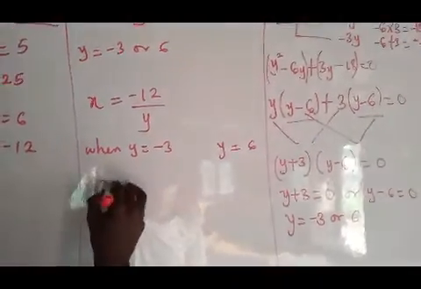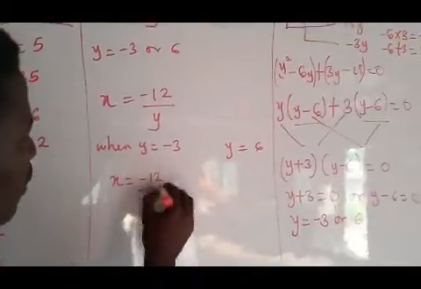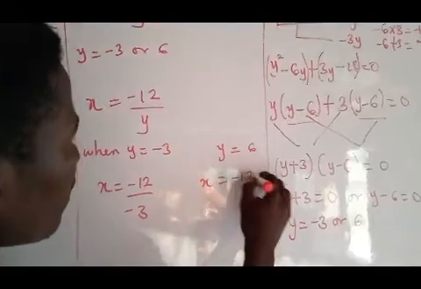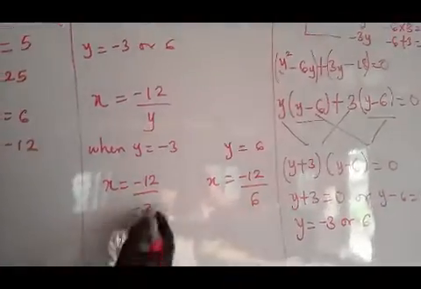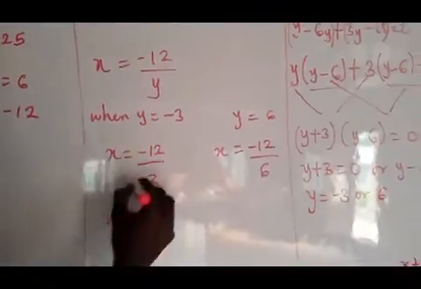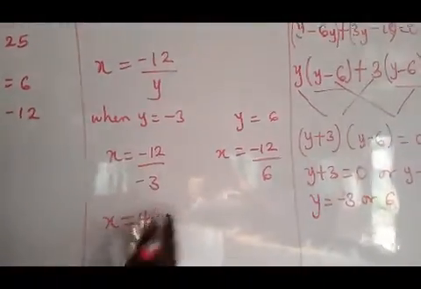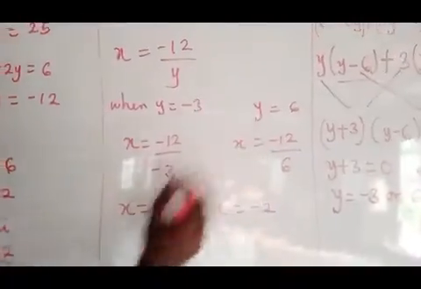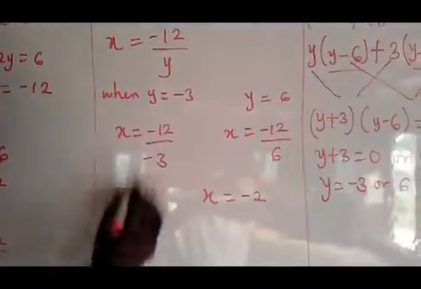We have x equals minus 12 over minus 3, or x equals minus 12 over 6. So this one gives us x equals 4, because minus cancels minus and 12 divided by 3 is 4, or x equals minus 2.